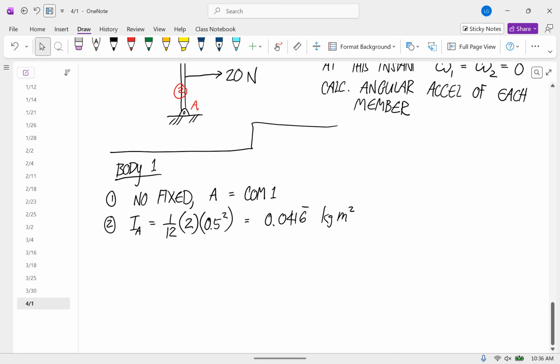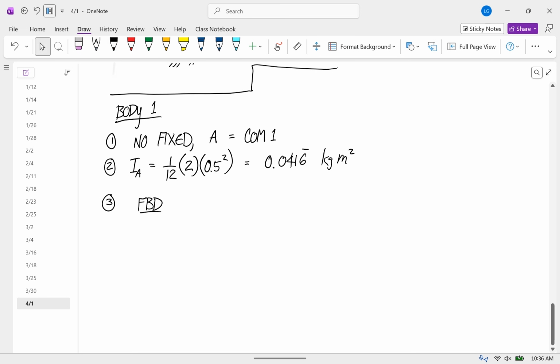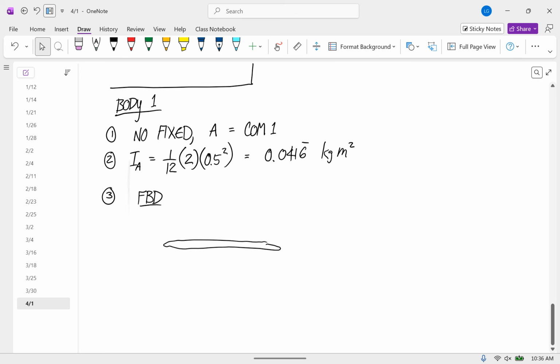And now I'll draw the free body diagram. There's a weight force acting at the center of mass. So that is 2 times 9.81.